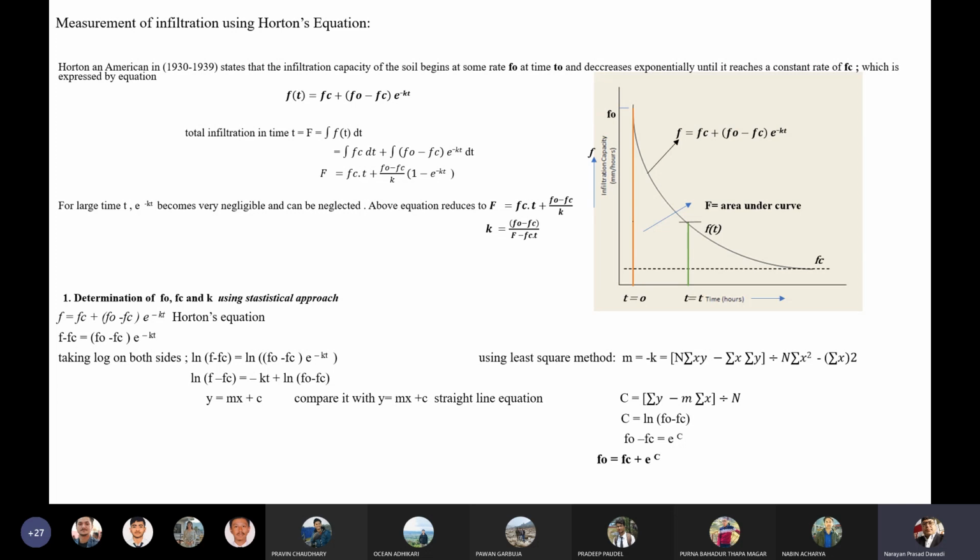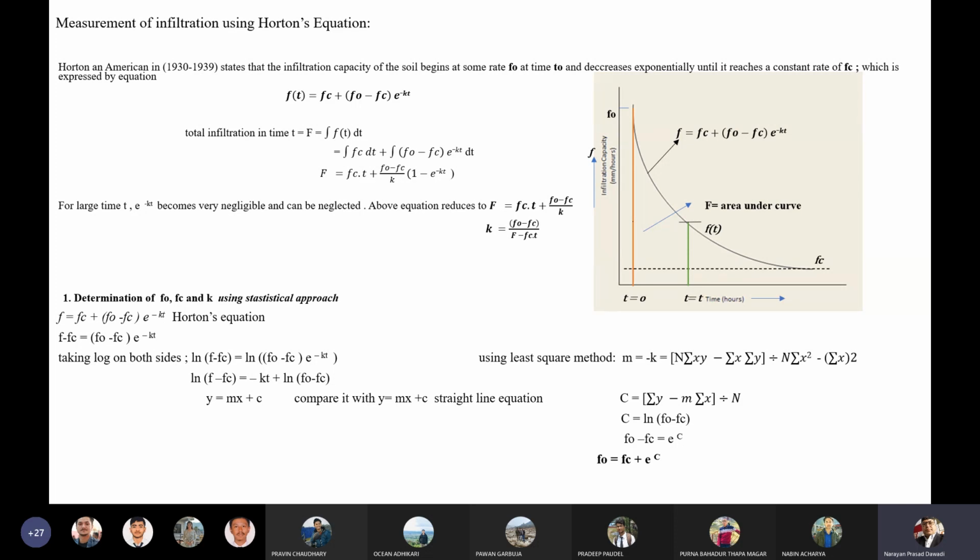You will get the area under the curve, which gives the total depth of infiltration, by integration of the equation, F is equal to the integral of f dt.